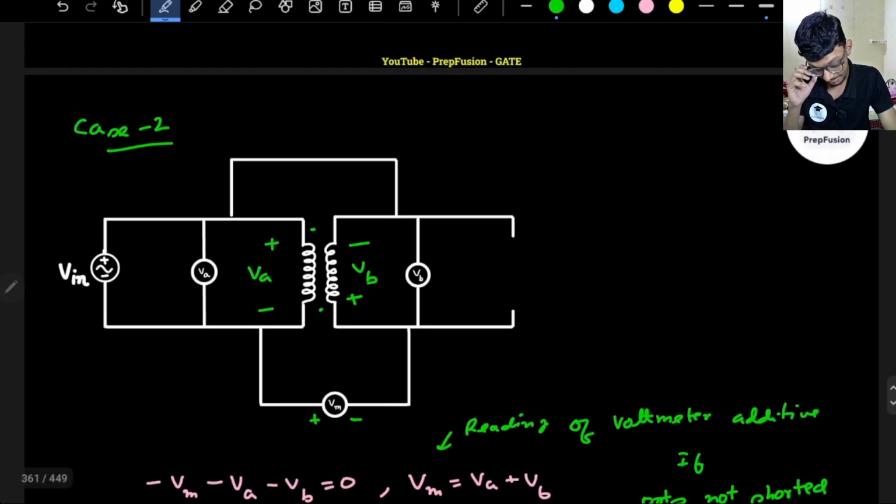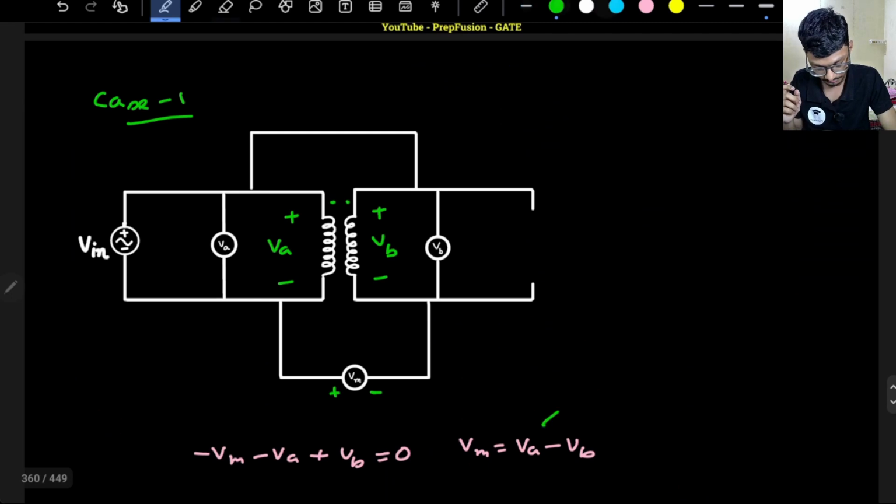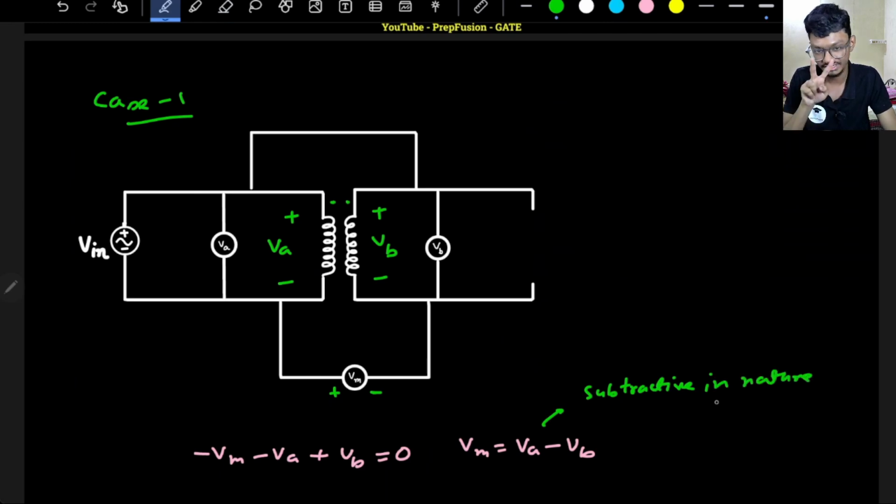And here it will be subtractive in nature, if the connections are proper.